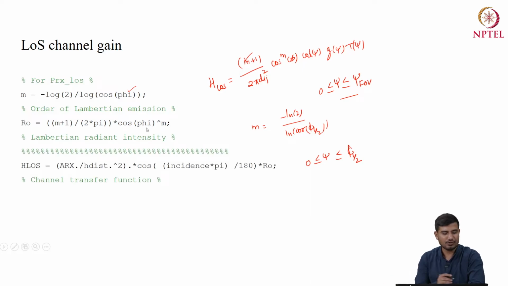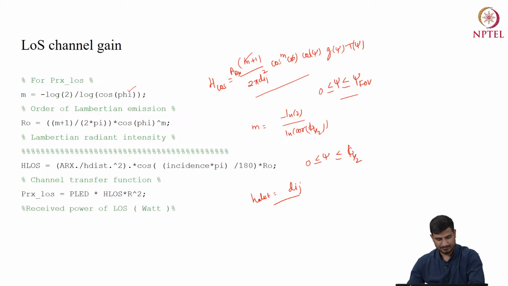Now based on this radiant intensity we can finally calculate the line of sight channel gain with the receiver area ARX. Again this h distance, as I have shown you earlier, is equal to your dij. So this is how you are able to simulate this particular line of sight equation.